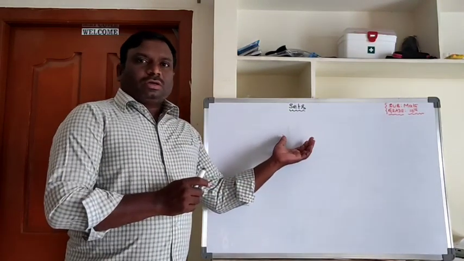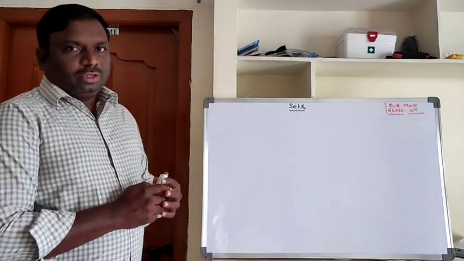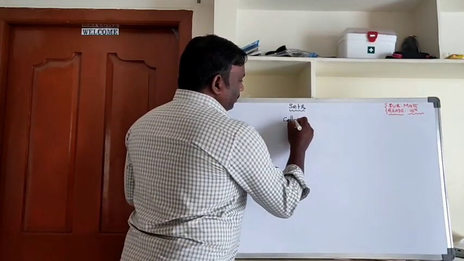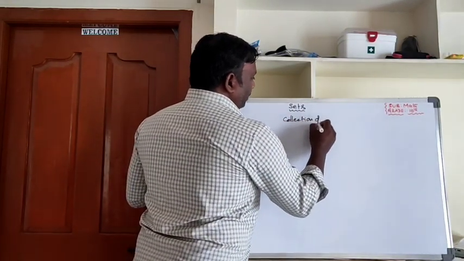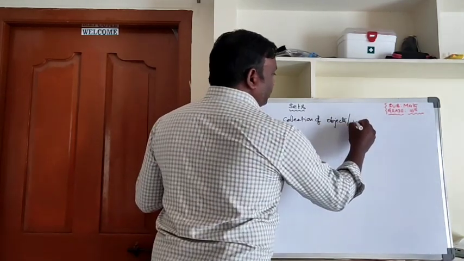Before going to the chapter, first I'll give the mind mapping of the chapter. Mind mapping. See here. So first one is collection of objects or items.